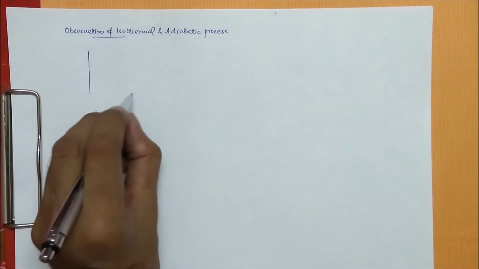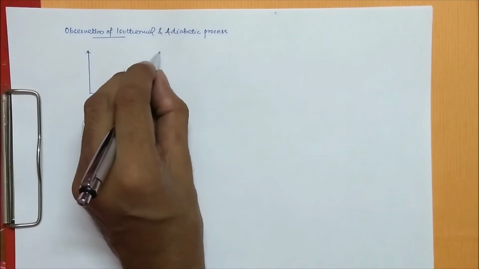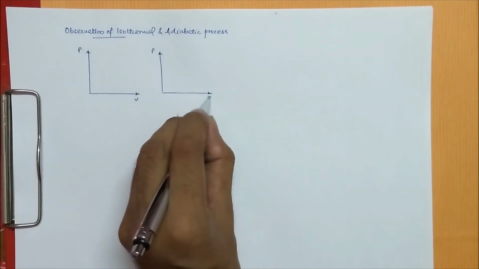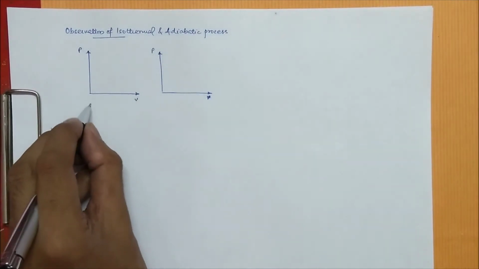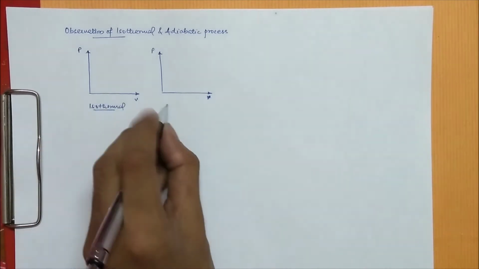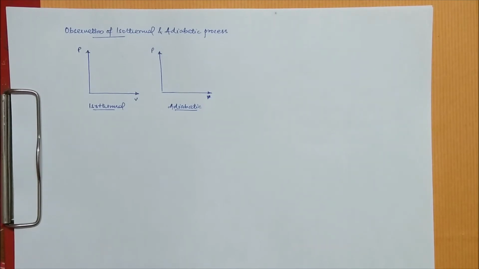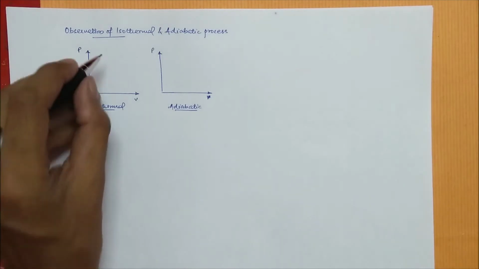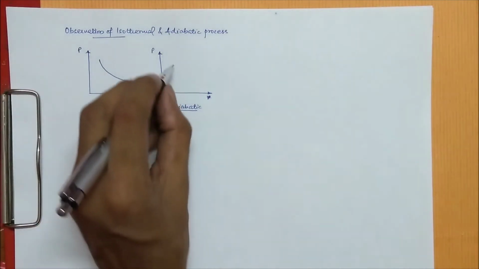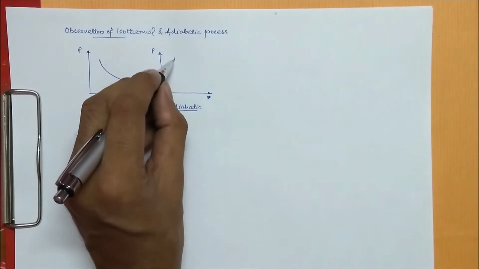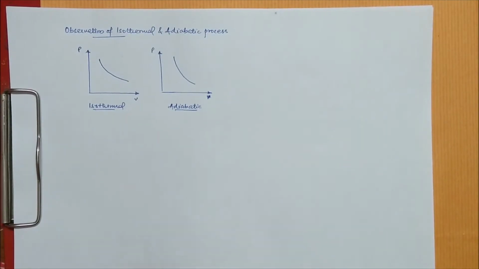See, if we see the PV plot for both these processes, isothermal and adiabatic, we observe that the curves are near about same for both isothermal and adiabatic, near about same.